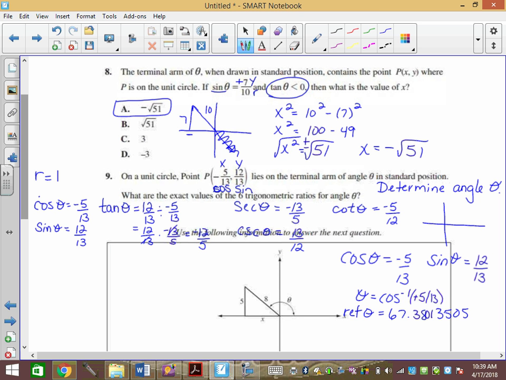But what else do I know? Sine is positive. It's a point where the x is negative and the y is positive. Where is it? It's in quadrant 2 with a reference angle of 67 point something. So I'm going to go 180 minus that, and I get 112.6 degrees. That is actually what theta equals.